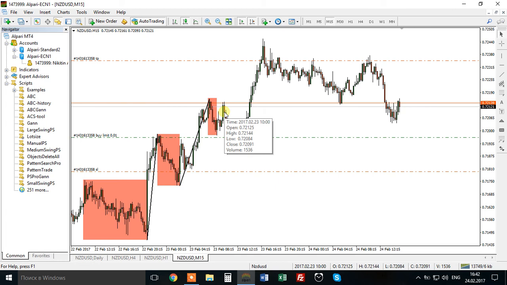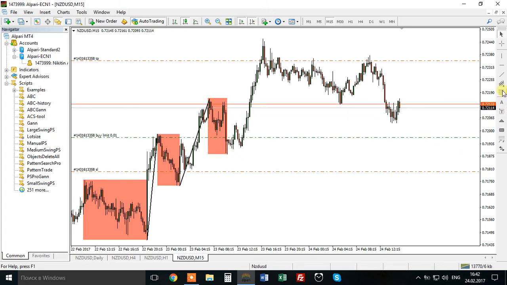The high says 72.14.4, and the close says 72.14.5, so it doesn't touch the highest close. Well, actually we have it the same way. Boom. We have that potential bad pattern the same way as we had on hourly.